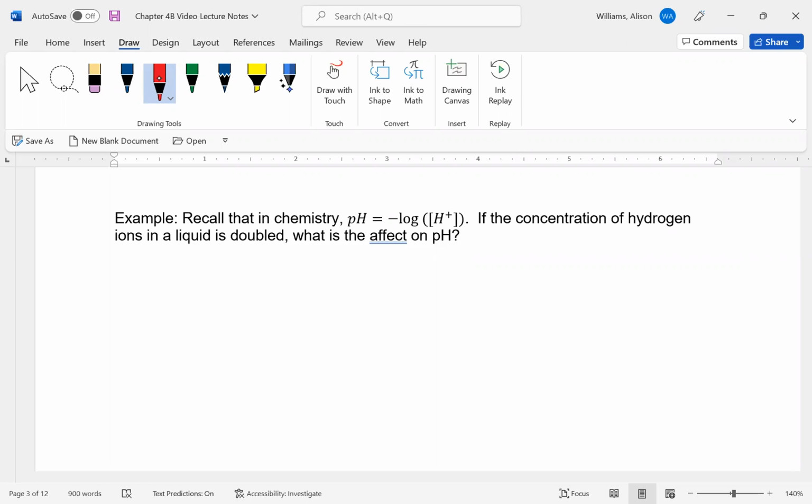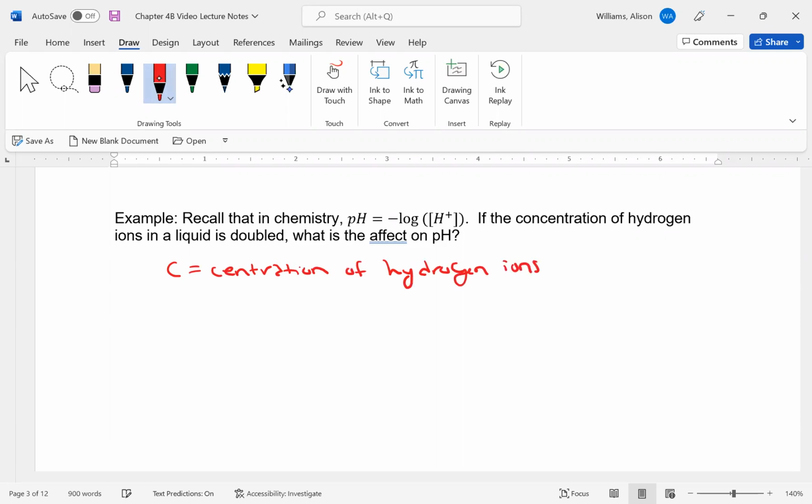Okay, so let's see. If the concentration of hydrogen ions in a liquid is double, what is the effect on pH? So because we kind of need to label some things here, it's a little bit odd. H plus is a way of talking about the concentration of hydrogen ions. So I'm going to give it a different label. I'm going to call it C. So let's say C is the concentration of hydrogen ions.